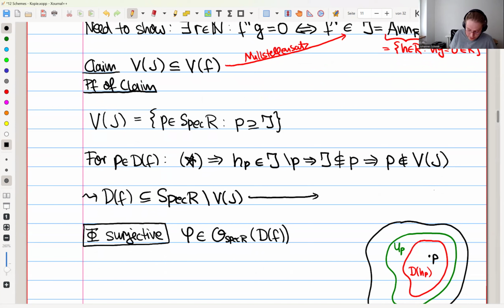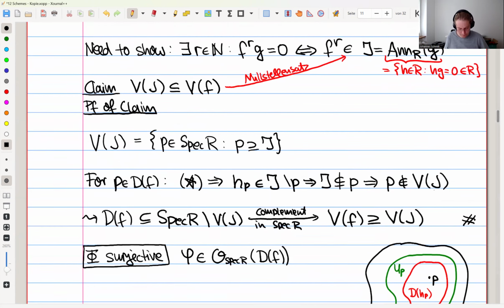And then if you again take the complement in spec R, you get that V of F, because the complement reverses the inclusion, contains V of J. Okay.